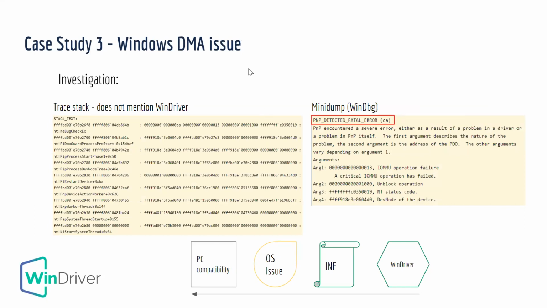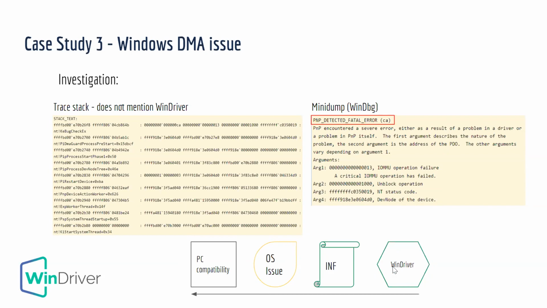Okay, this example comes from Windows. A client reached us and said, I'm getting a hang. I'm getting a crash. My computer crashes when I start to perform a DMA. So we say that if you want to perform DMA, we need to make sure that the PC is compatible. Maybe there is an issue with an OS. Maybe there's a problem with the INF, not allowing the DMA, and maybe the issue lies with WinDriver.